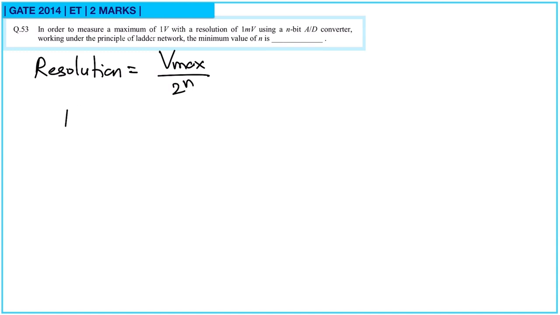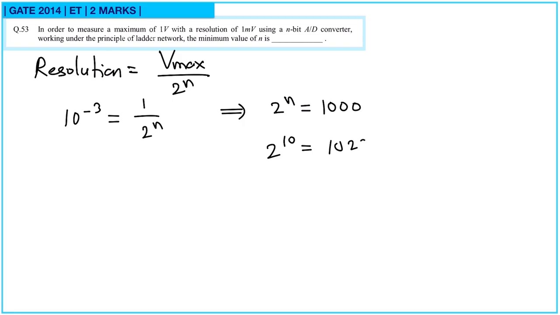Resolution is 1 millivolt, so that is 10 raised to minus 3. Vmax is 1 volt upon 2 raised to n. So from here we get 2 raised to n is equal to 1000, and we know 2 raised to 10 is 1024. So here n is equal to 10, and the range of answer for this was 9.99 to 10.01.